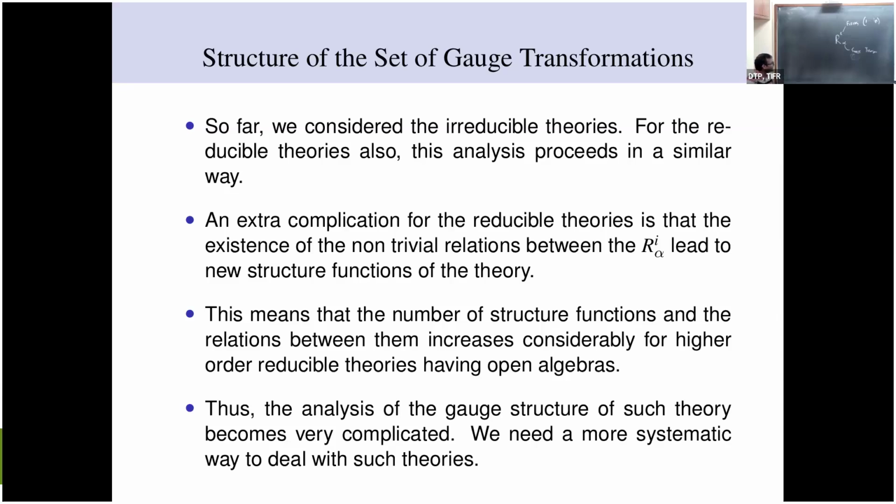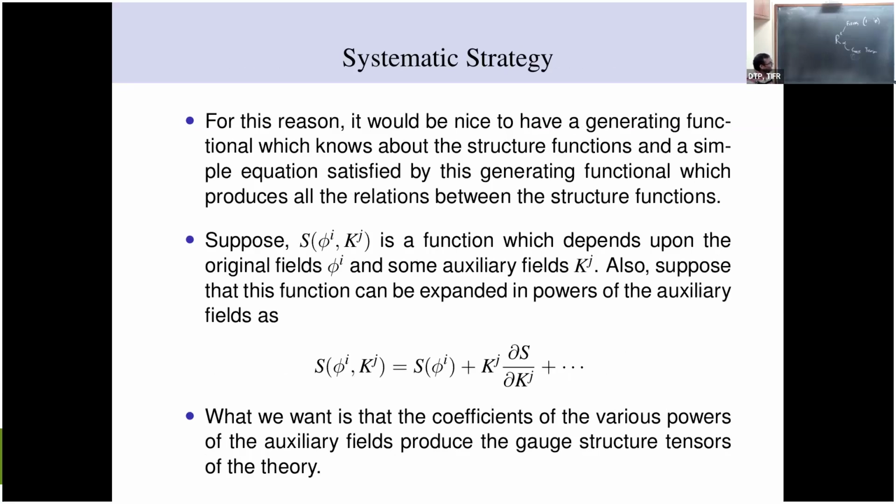So the analysis of the gauge structure of such theories in general becomes very complicated, and we need a more systematic way to deal with them. What is the strategy we are going to follow? What we would like to have is a generating functional which knows about the structure functions of the theory, and it should satisfy a simple equation which produces all the relations between the structure functions.